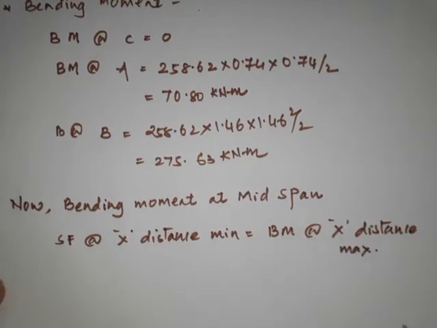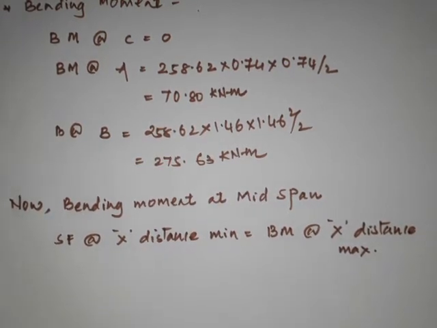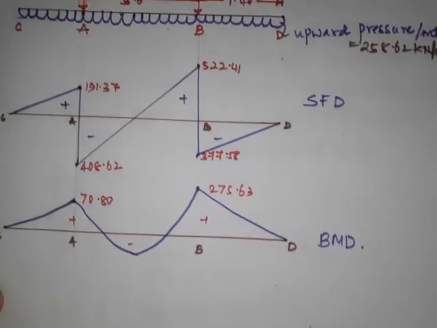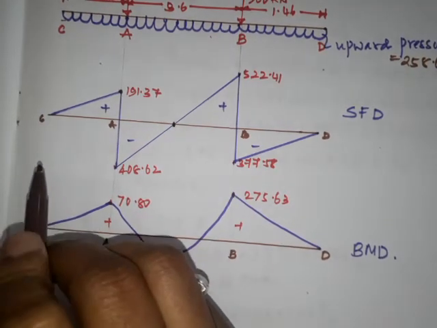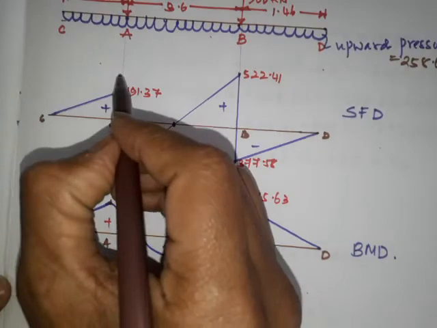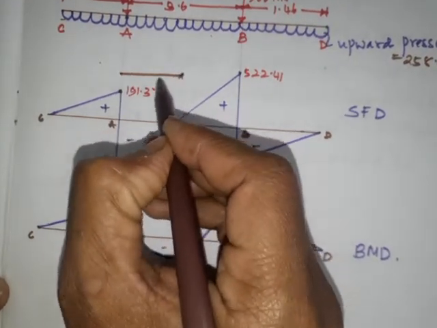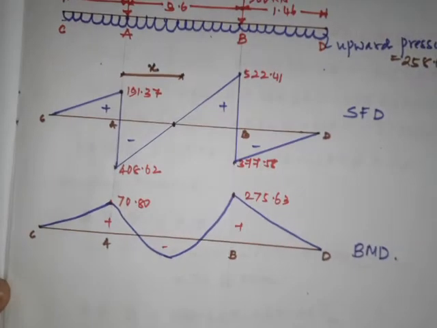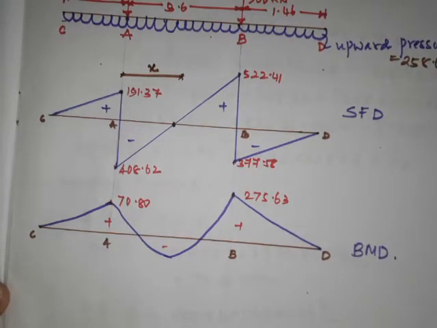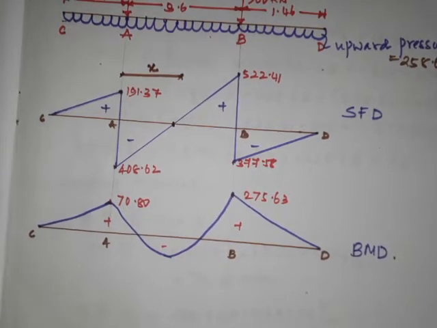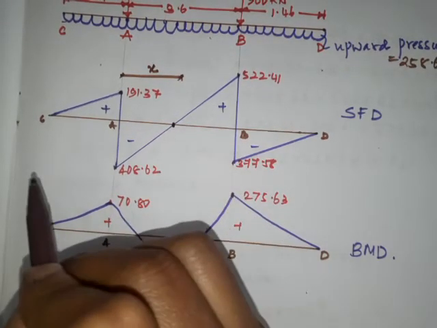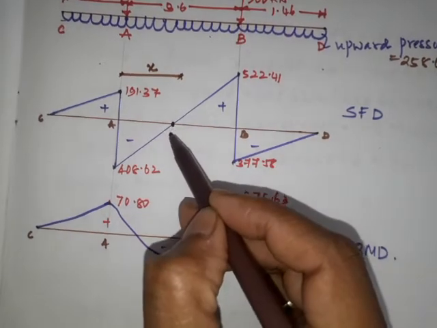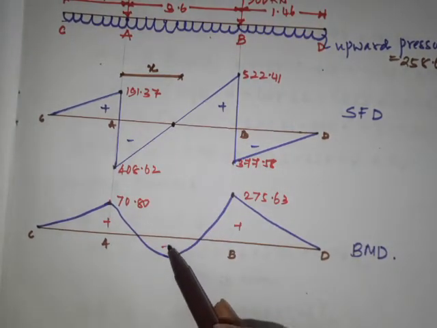So I have considered a section, I'll just show you. Here, if I consider this section, then this distance I'll consider as x. Understood? Here the shear force is minimum at that location, so we have to find the value of the bending moment.